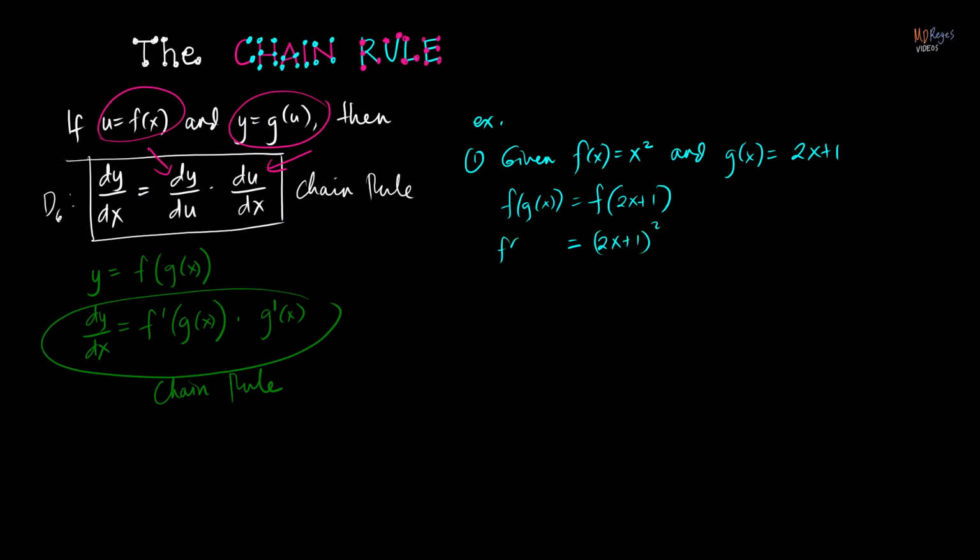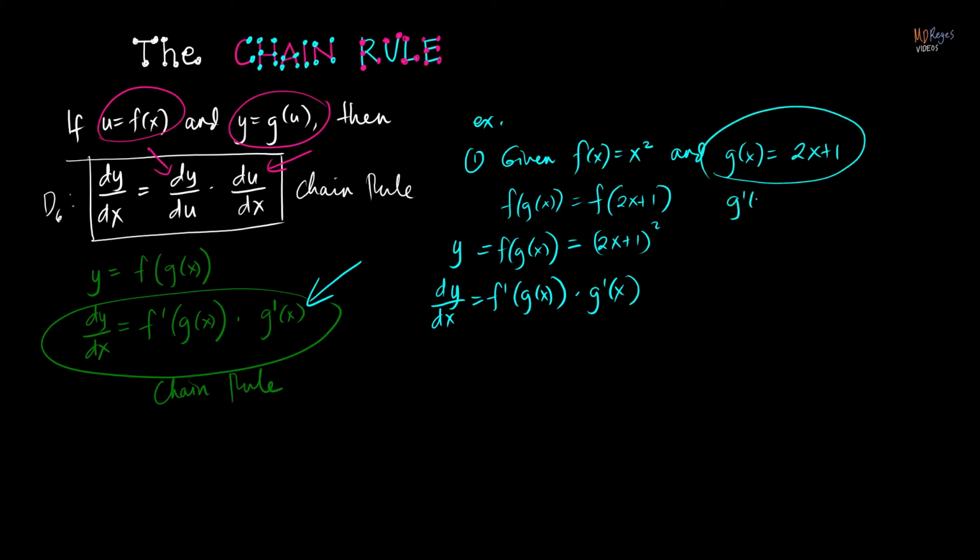This is f of g of x, according to the definition of composition of two functions. So let's say this is equal to y. According to this formula, the derivative of y with respect to x is equal to f prime of g of x times the derivative of g of x. Okay, remember this is g of x.